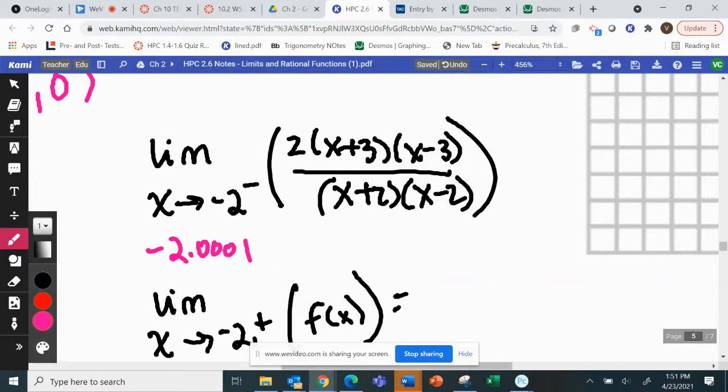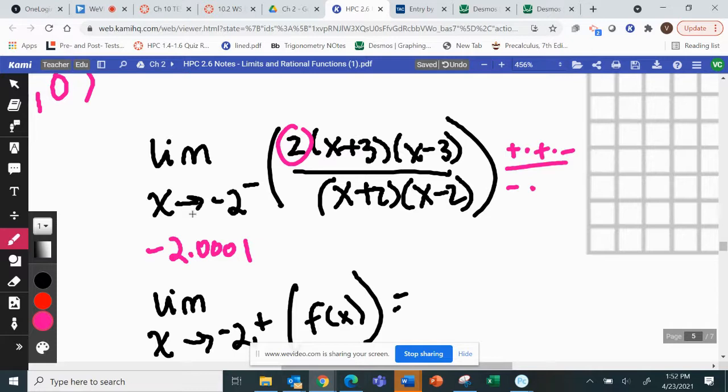All right, I'm plugging in negative 2.0001. Can't really plug it into 2. That's just positive 2. But I can plug it into x plus 3, and I get what kind of number, positive or negative, in x plus 3? Positive. I can plug it into x minus 3, and I get a negative number. In the denominator, I put it into x plus 2, and that is a negative number.